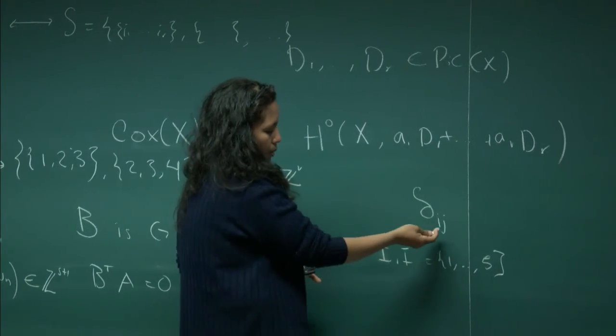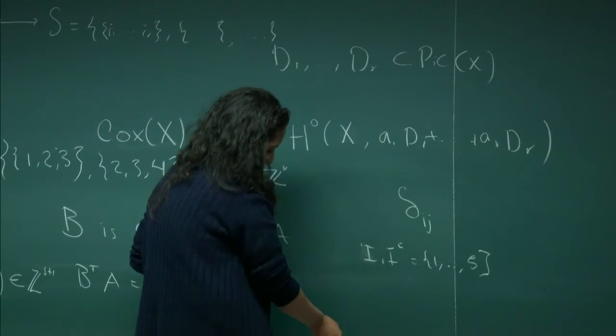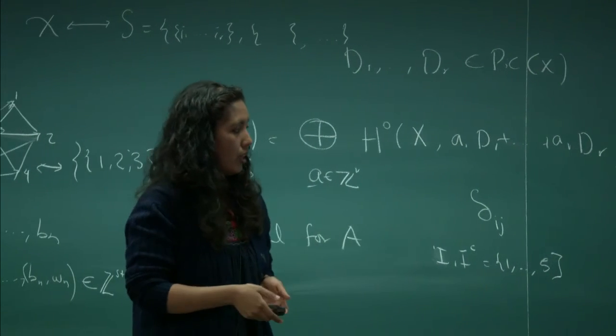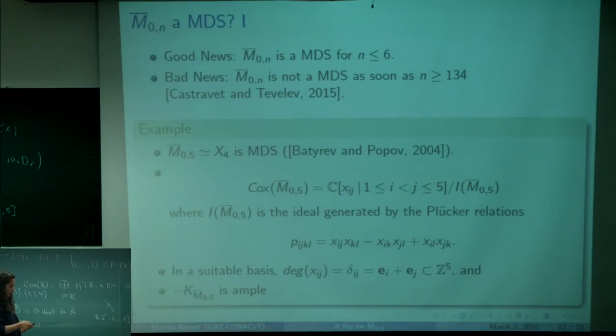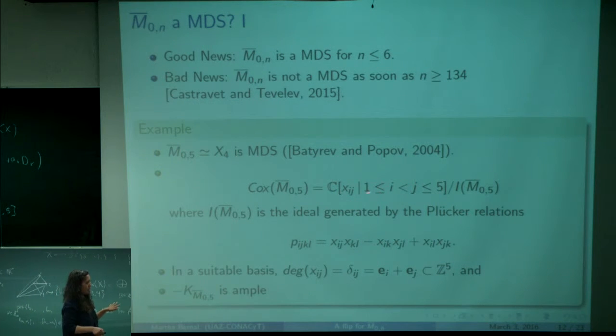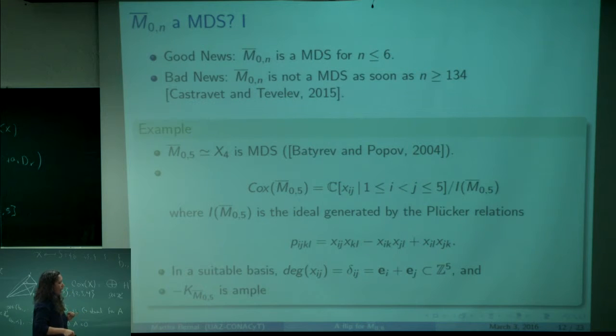So all of them are parameterized by the size 2 side of the partition. So these xij are the sections over the boundary divisors. And this ideal is the ideal generated by the Plücker relations. So if you want, this is isomorphic to the homogeneous coordinate ring of the Grassmannian.